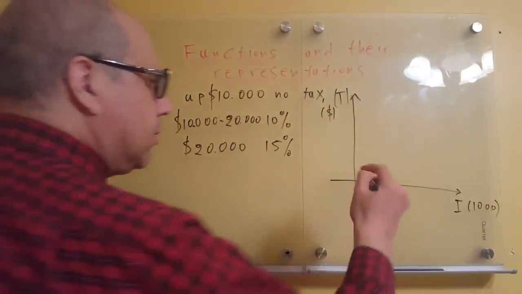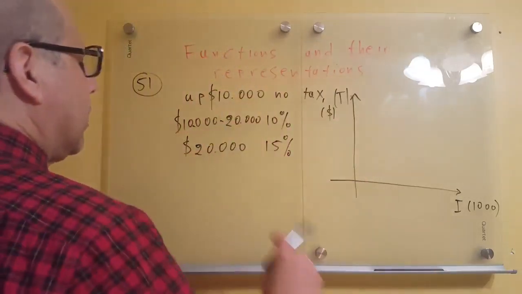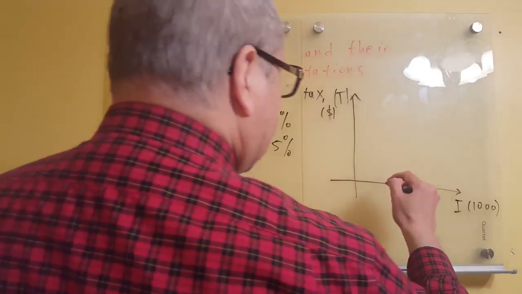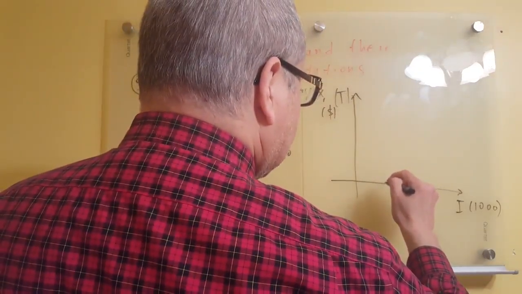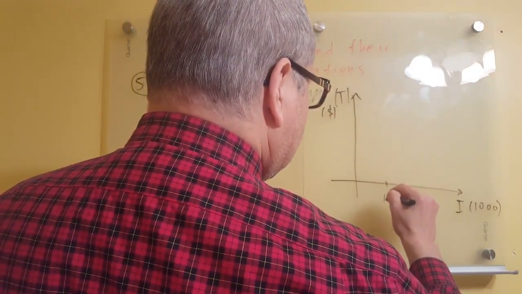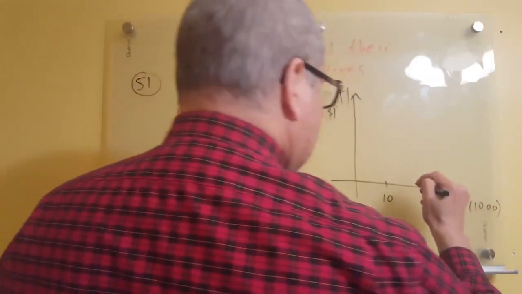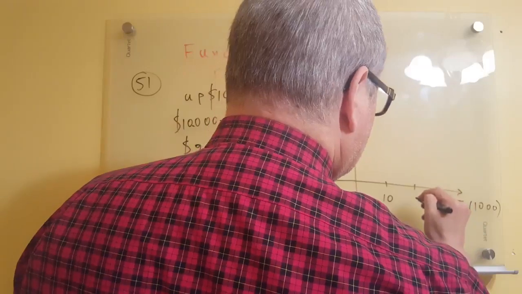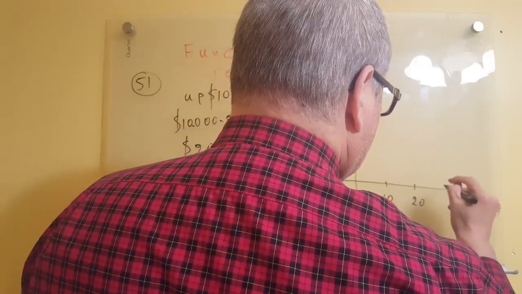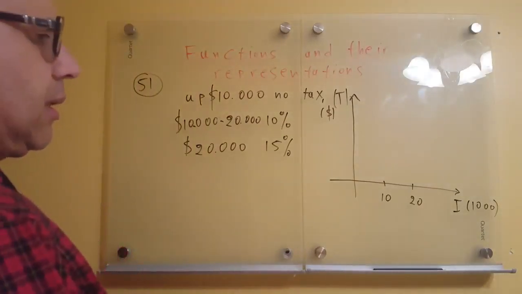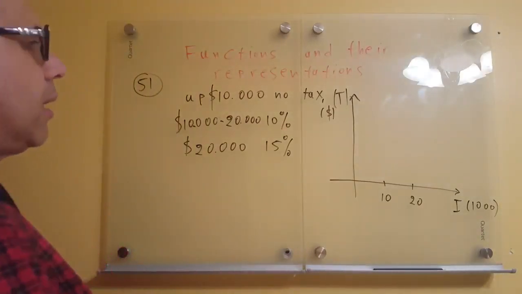Okay, so and again let's put some numbers down. The critical numbers here is again 10,000. So here we put 10 because this is already in thousands. Here we put 20, and actually these here are enough.